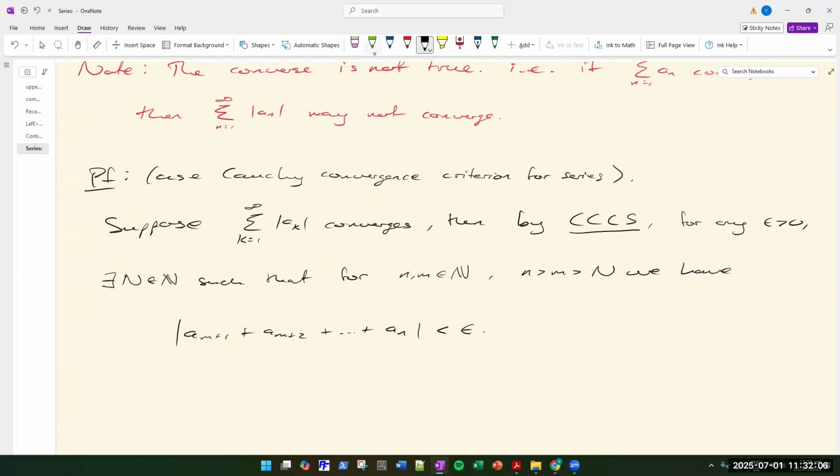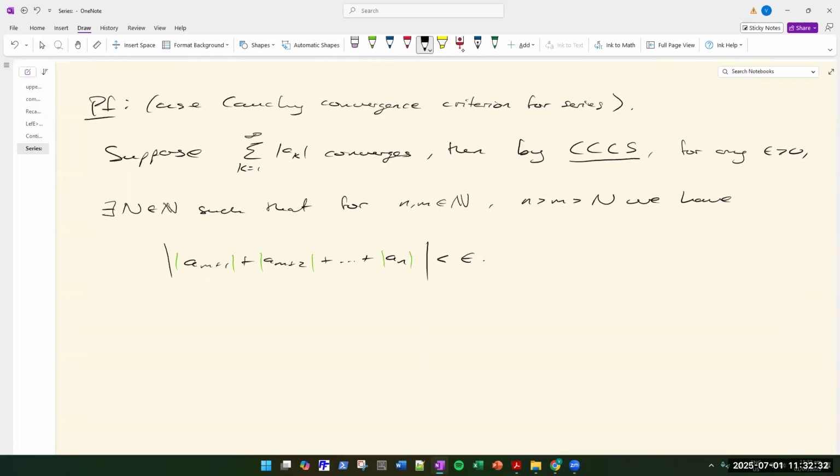Oops, sorry. So you see, this series, the terms are the absolute values of a_n, right? So these terms that I am adding up should be the modulus, right? These are the new terms. And it's saying that the modulus of this is less than epsilon, right?